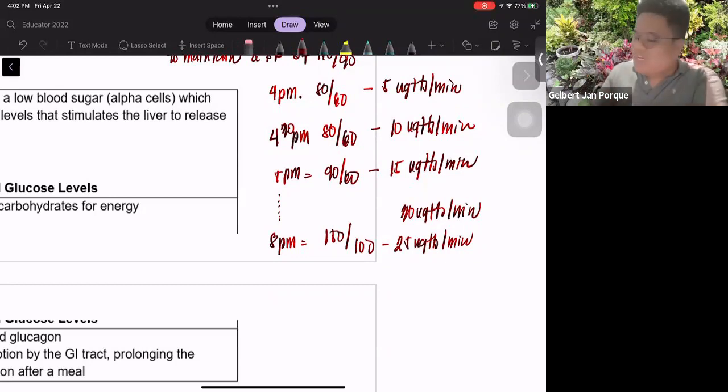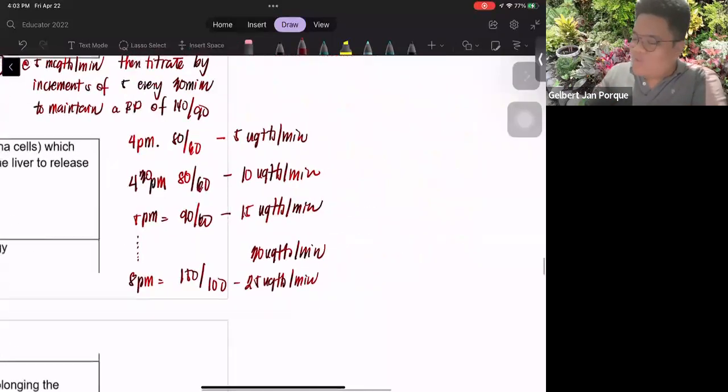Now, since we've mentioned titration, what do you think, students, is the equipment that could help us accurately regulate the flow of the medication for the BP? What do you call the equipment that can regulate our IV accurately?